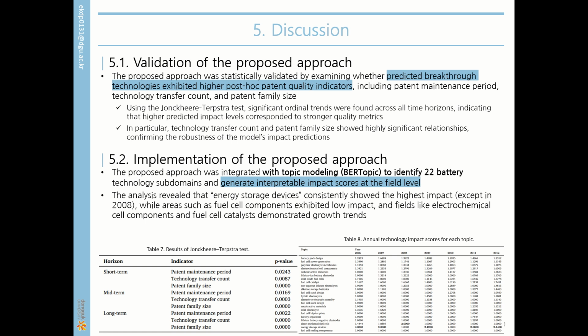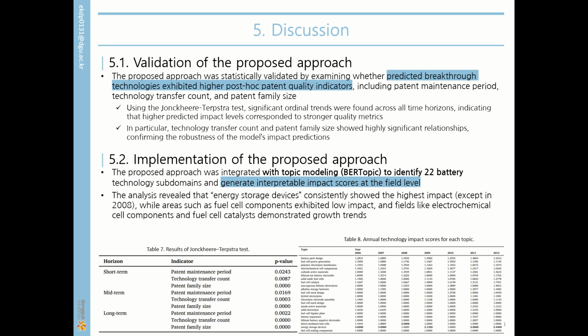In addition, the proposed approach was combined with topic modeling using BERTopic to identify 22 battery technology subdomains. The results show that energy storage devices consistently demonstrate the highest technology impact, while some fuel cell related technologies showed relatively lower impact.